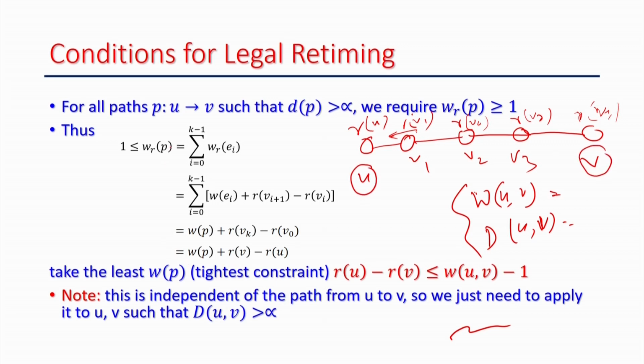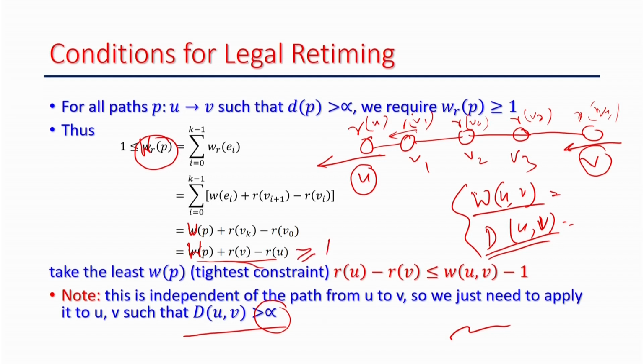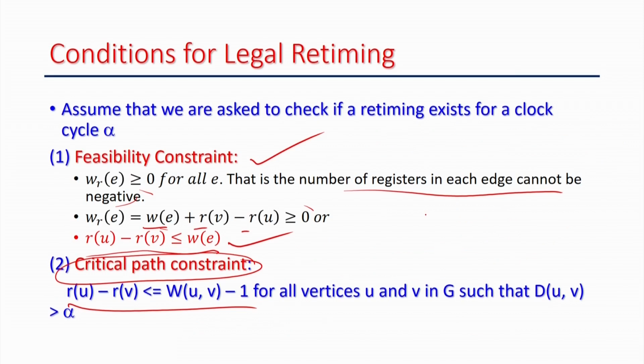The final value of WRP will be the actual W(UV) plus the number of registers coming in minus the number going out, so Rv minus Ru. Since D(UV) is greater than the target clock period, we need at least one register here to meet the critical path. So, this value should be greater than or equal to 1. If you reshuffle these values, you will get this, which is called the critical path constraint.